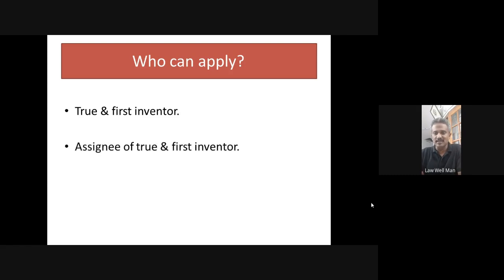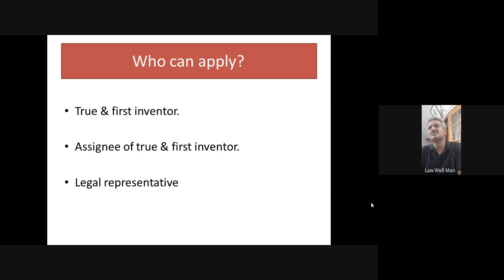And the second one is assignee of true and first inventor. Assignee is a person who gets a transfer. This is an intangible item. In the case of an intangible item, the transferee is known as assignee. As far as this is concerned, the assignee of the true and first inventor is another person who is entitled to make an application for patent under patent law. And the third one is a legal representative.